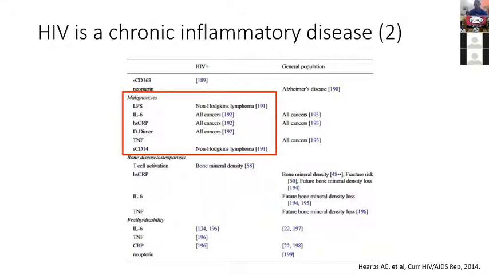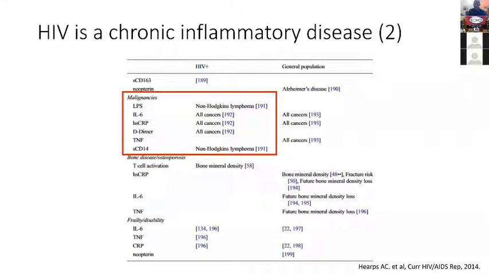Lipopolysaccharide is the component of bacterial cell walls that is released into the circulation, because one of the things that happens early on in HIV is increased gut permeability. The gut becomes a bit leaky, and bacterial products are able to translocate from within the gut into the circulation. And those bacterial cell wall products actually set up an inflammatory reaction within the body itself.